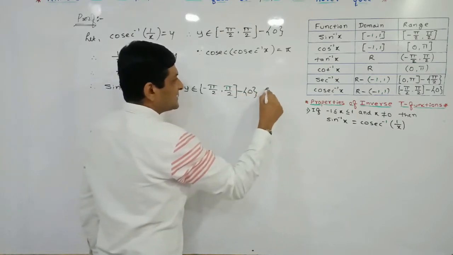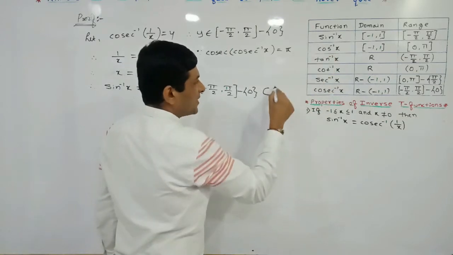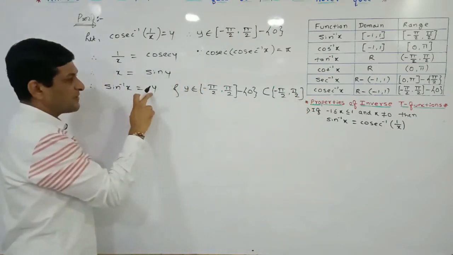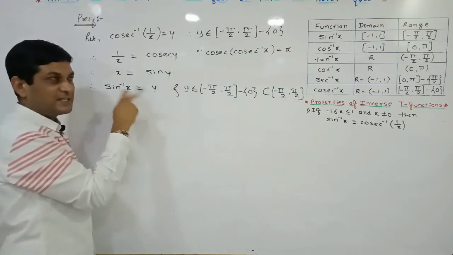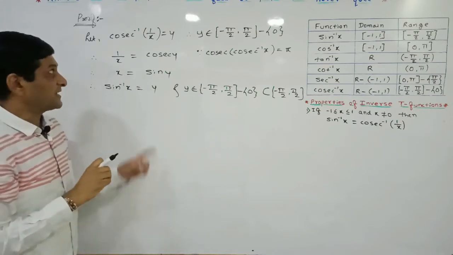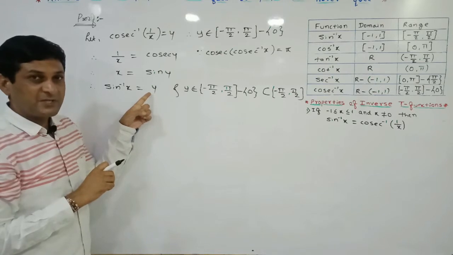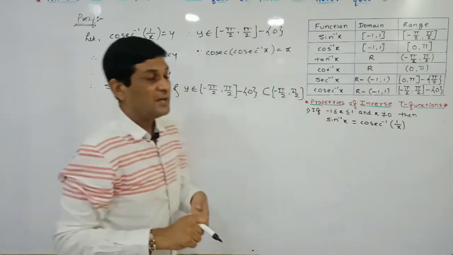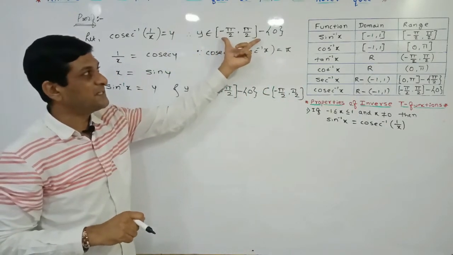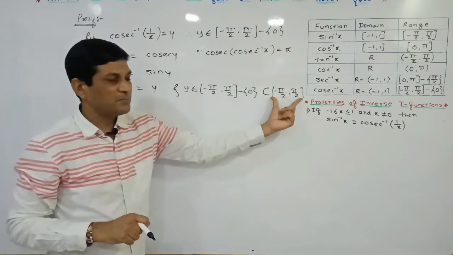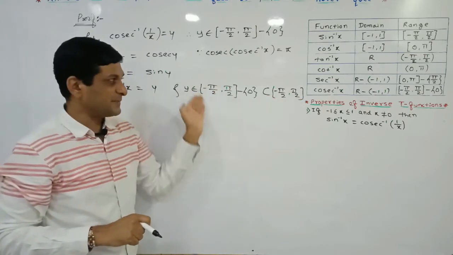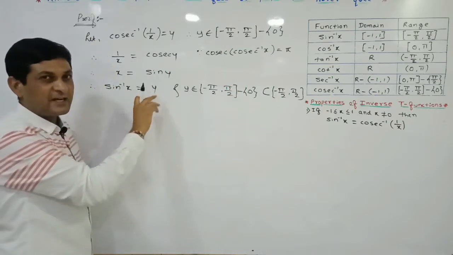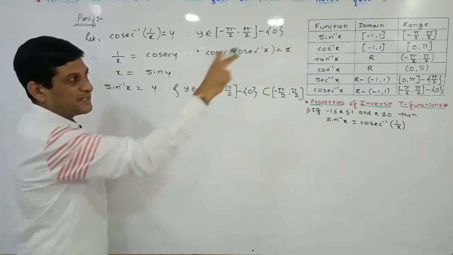Can I say that this is a subset of minus pi by 2 to plus pi by 2? Because here y is the value of sine inverse of x, so y should take values between minus pi by 2 and plus pi by 2. According to our supposition, y lies in this interval, which is a part of minus pi by 2 to plus pi by 2, so this is a subset. That's why such values can be considered as principal values.